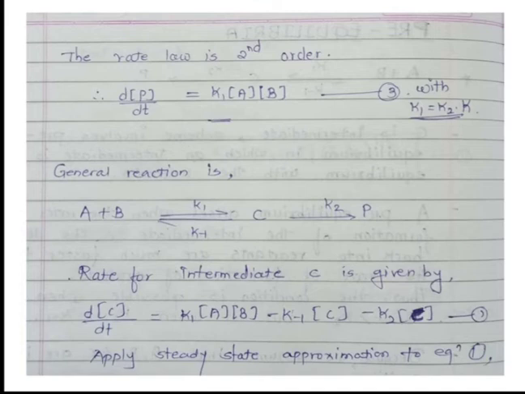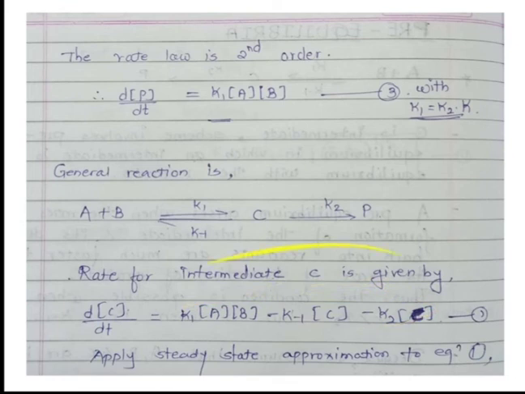Now we have to apply a steady state approximation to this equation. According to steady state approximation, the rate of change of concentration of intermediate species with respect to time is nearly equal to 0. So we can put this equation equal to 0, this term can be removed and only the right part is equal to 0.